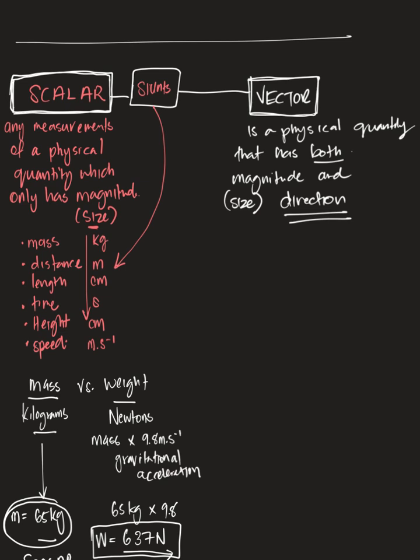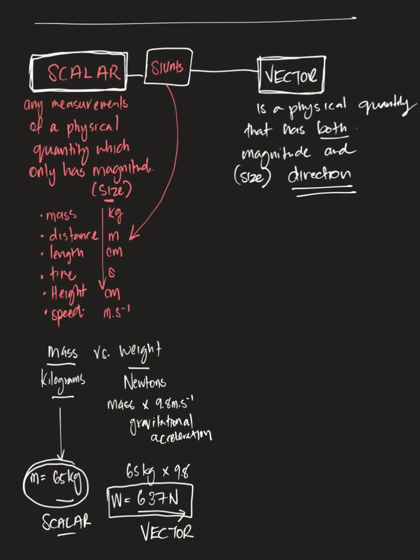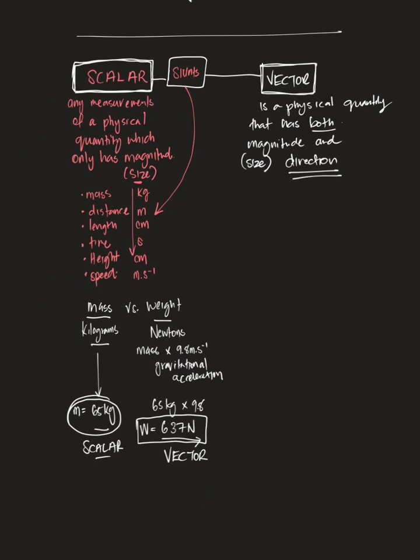What we mean by that is, if I look here at your mass, I can say you weigh 65 kilograms, but in which direction? There's no direction. So that's what we call a scalar quantity. It has no direction. It's just a basic measurement that only has magnitude.